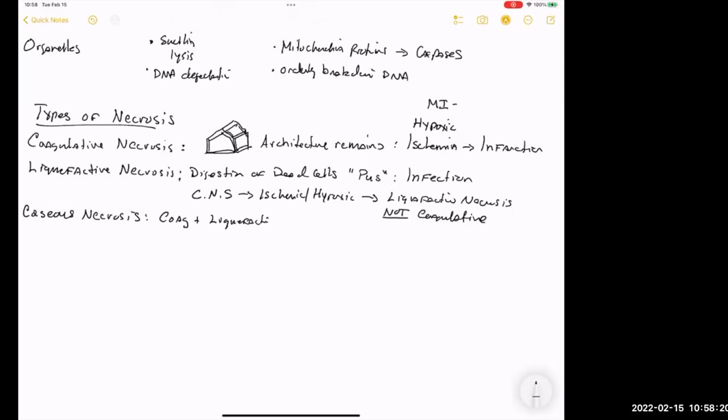Think of it as a combination of those two. And we typically only see this in one specific instance. It shows up in other places as well. And caseous, just think of it as cheese-like. In fact, that's where part of the name caseous comes from. And we tend to see this with tuberculosis infections, with Mycobacterium tuberculosis. All right.